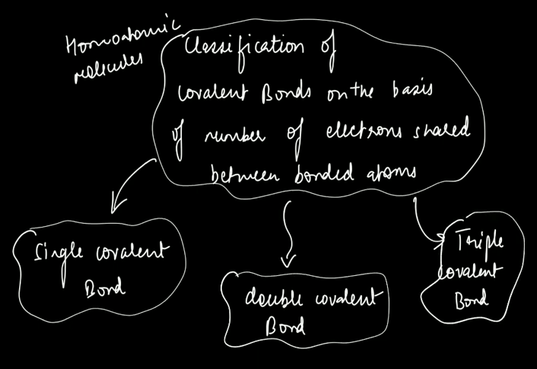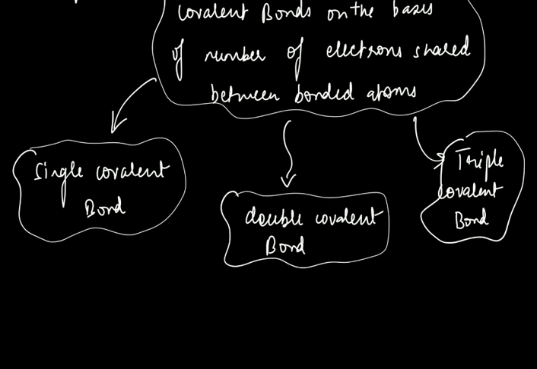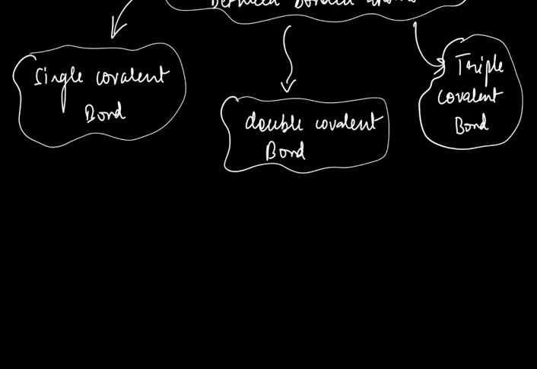Single covalent bond we have already discussed, and double also, but triple we haven't. In a single covalent bond, only one electron pair is shared.